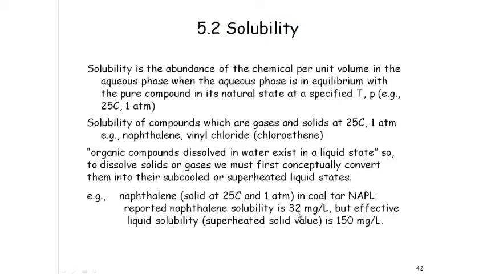This is a significant difference, and it leads to improved interpretations. That is, when we see fairly high concentrations of naphthalene in water, it looks unreasonably high if that was its solubility, but in fact its effective solubility is 150 milligrams per liter, and that usually rationalizes most field cases.